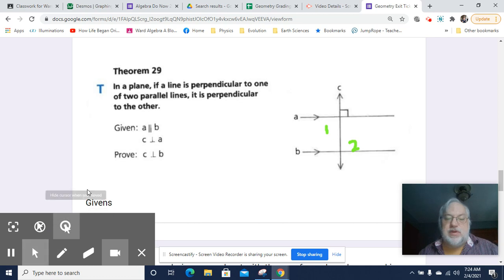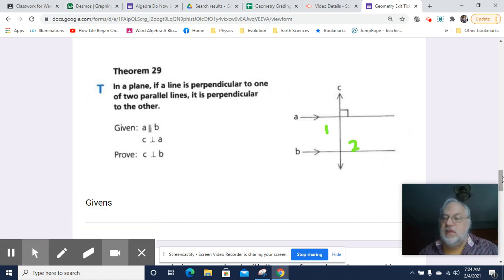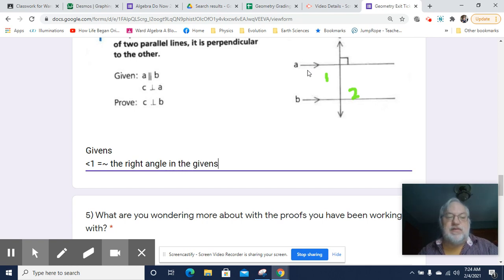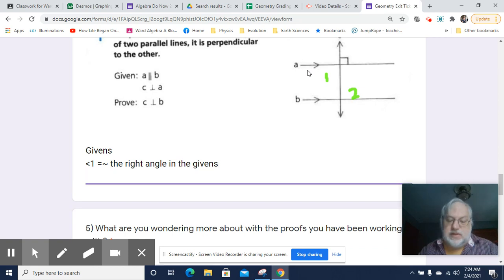Okay, this one will be a pretty simple one. So we can first say that angle 1 is congruent to, I guess, the right angle in the givens. I should have given that a number, but that's okay. And so angle 1 is right.